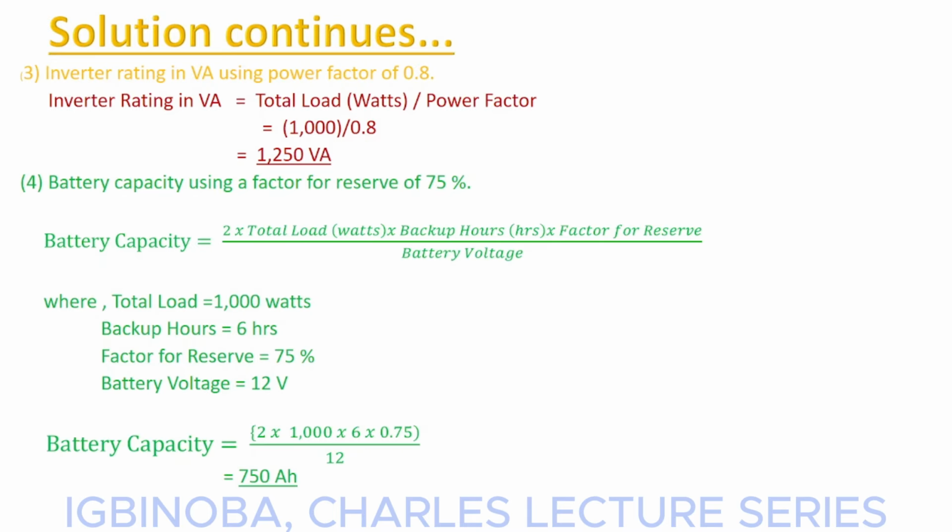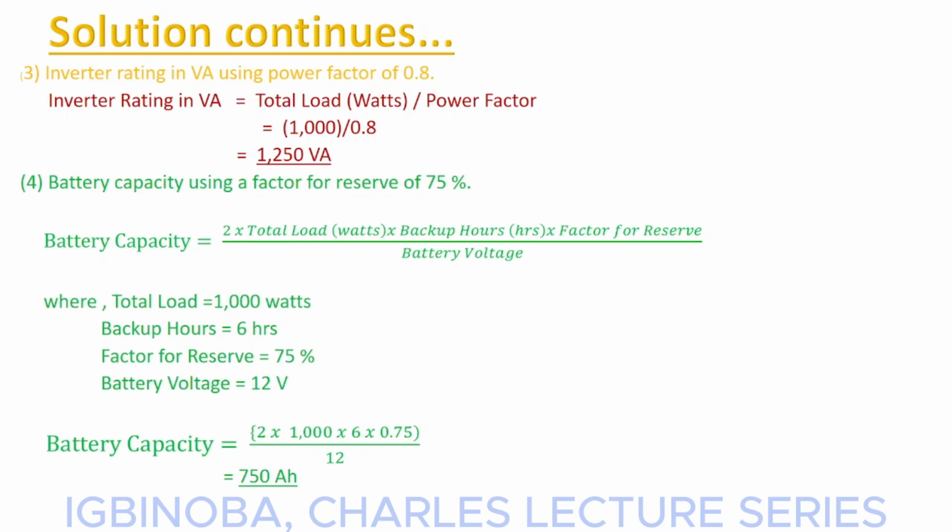Batteries are not usually discharged to 0%. If you want your battery to last longer, it is advised to always use a smaller part of the voltage while you are reserving a larger part. So that is why the factor of reserve is always considered when calculating your battery capacity.